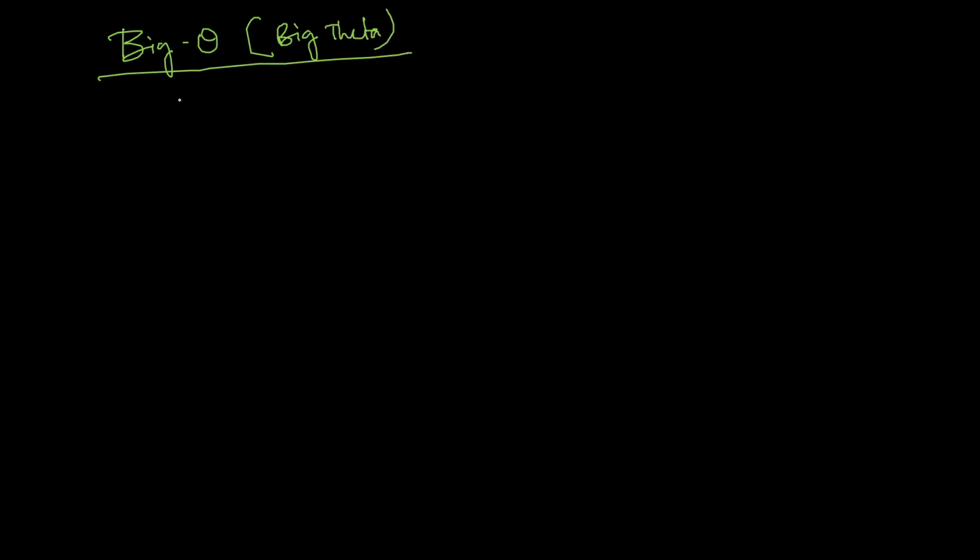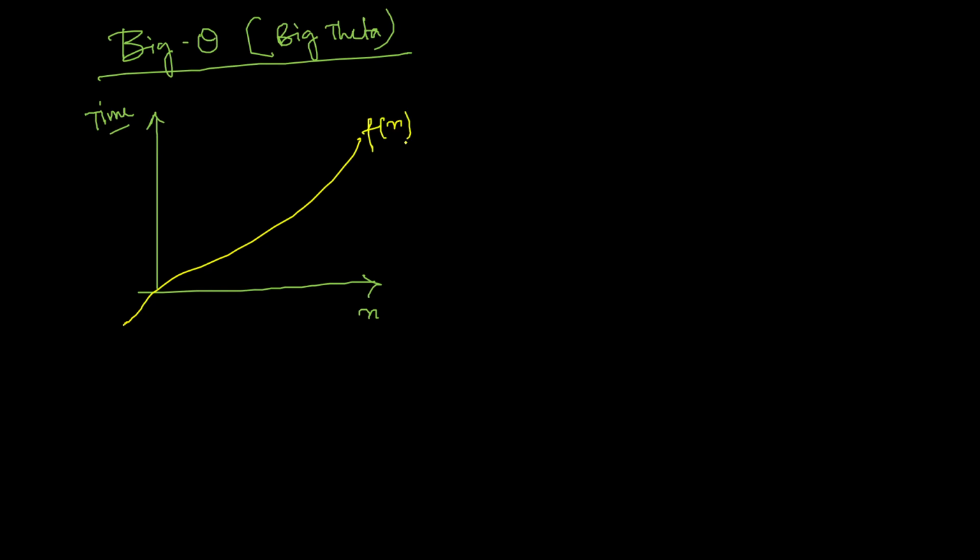So what is the situation in that case? For example, this is your n and this is your time, and suppose we have a function something like this. Suppose this is your f(n).